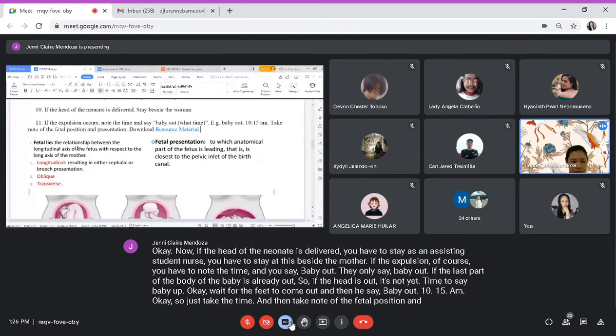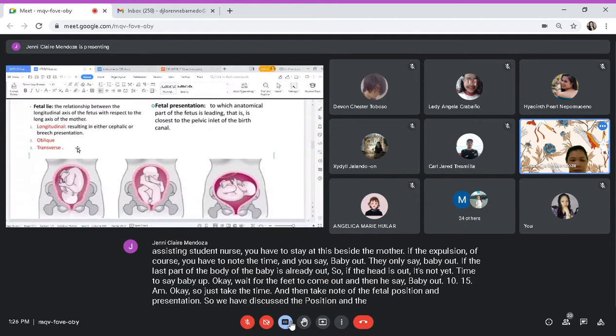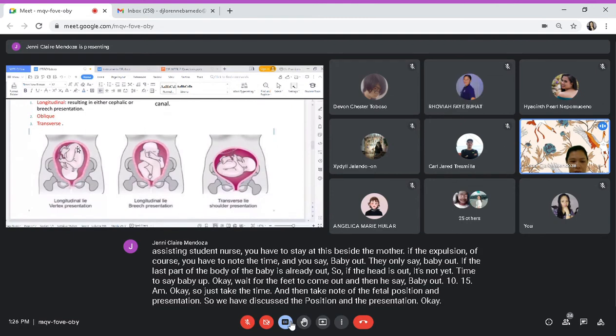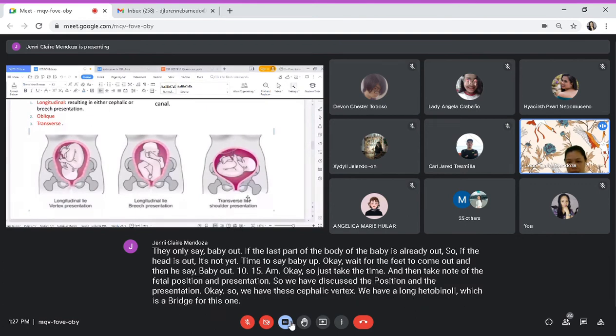So we have discussed the position and the presentation. We have this cephalic vertex. We have a longitudinal line, which is a breech. So for this one, this is frank breech, and we have the transverse, where the shoulder is the presenting part.